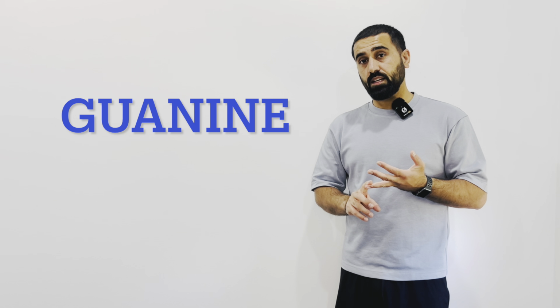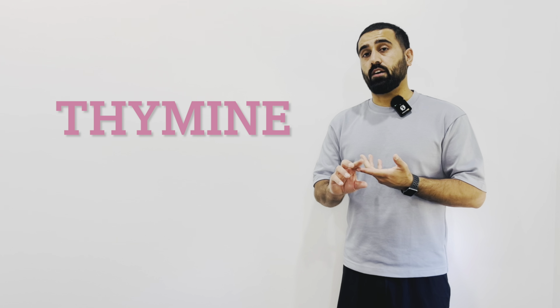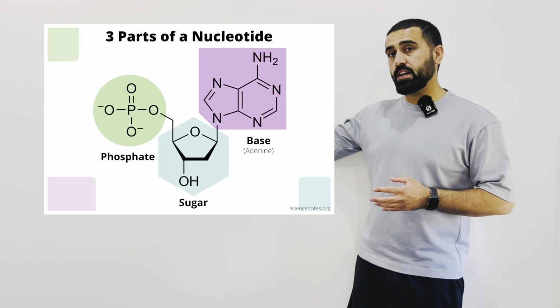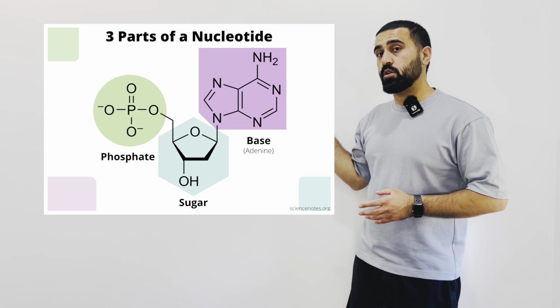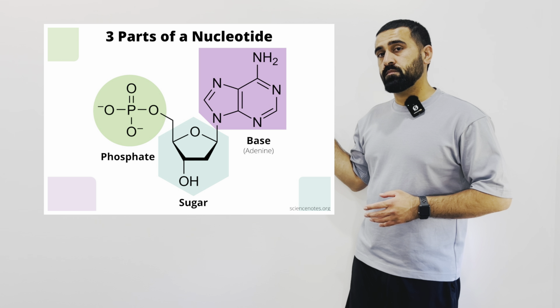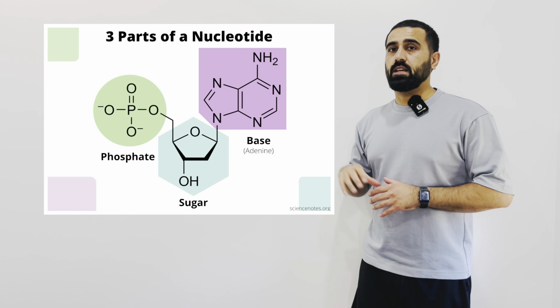There are 5 different nucleotides and they include adenine, guanine, cytosine, thymine, and in RNA you have uracil. Every nucleotide is made from 3 important structures, and this includes the phosphate group, the pentose sugar, and the nitrogenous base.